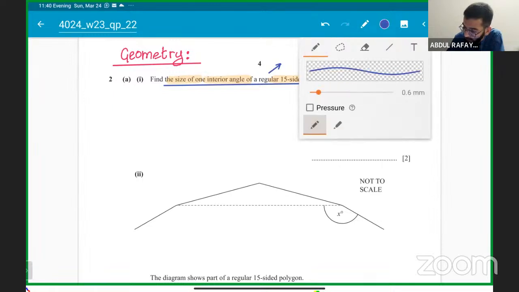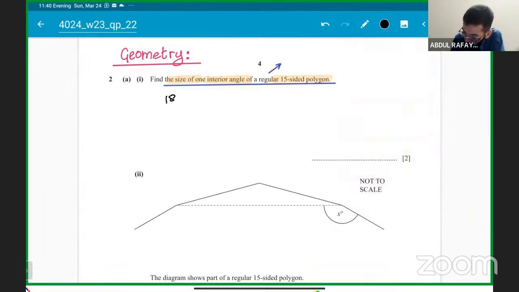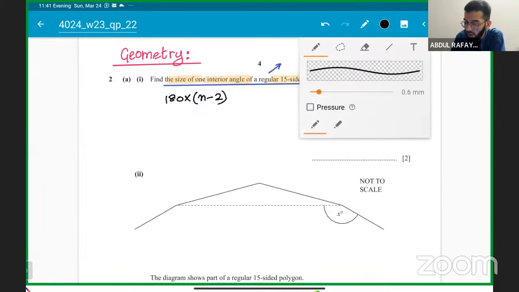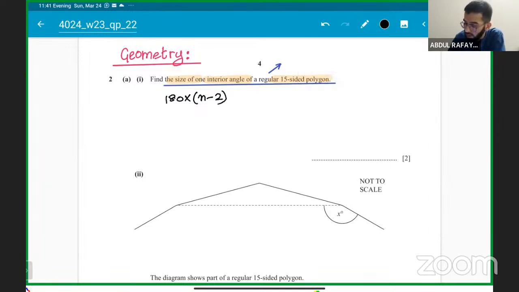So what is the formula for that, sir? It is basically 180 times (n minus 2), where n stands for the number of sides of the polygon, and divided by n to get each interior angle.